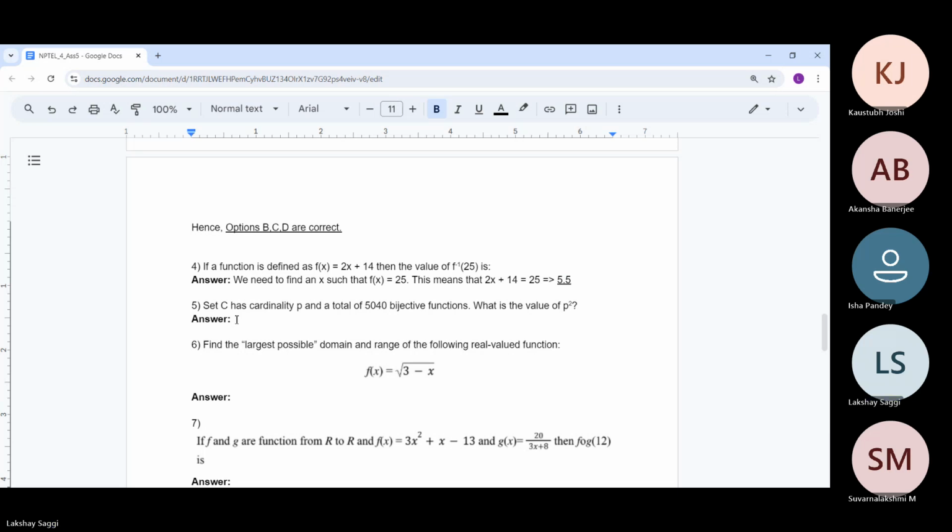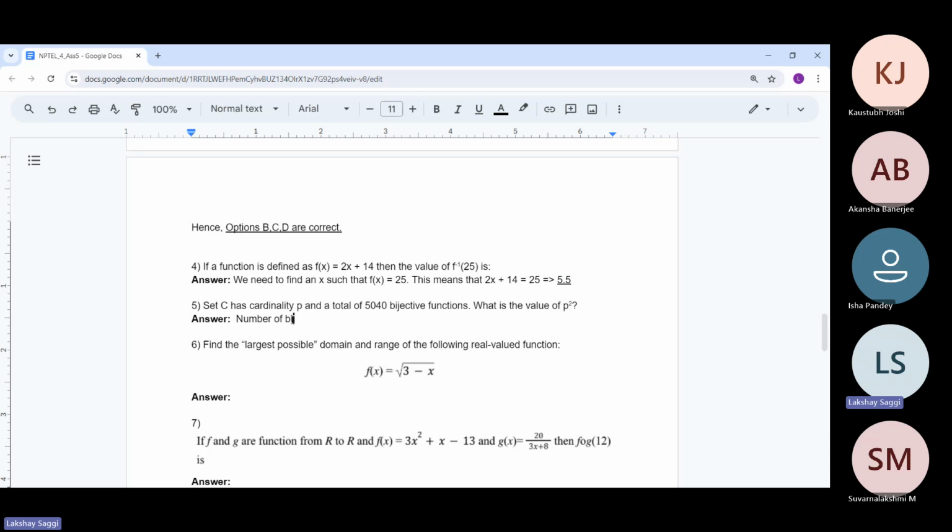The fifth question says that suppose a set C has cardinality P and a total of 5040 bijective functions. Then what is the value of P square? So we are given that C has a total of 5040 bijective functions. What does this mean?